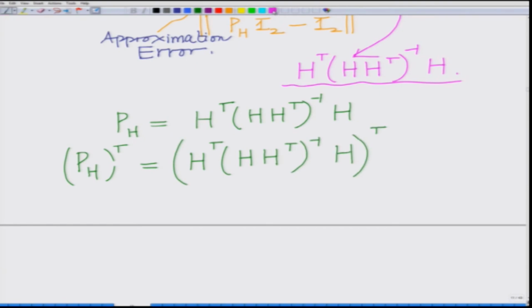Now, similar to previously, we have the result that if I have 3 matrices A, B, C, the transpose of the product ABC is equal to C transpose B transpose times A transpose.